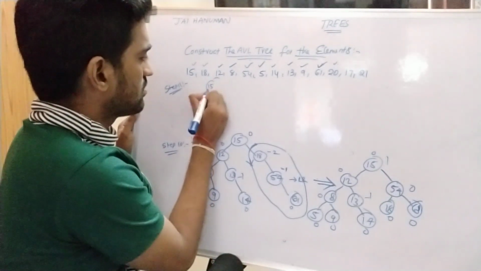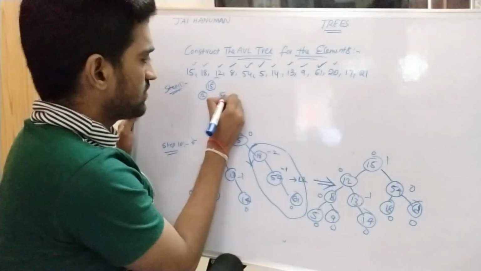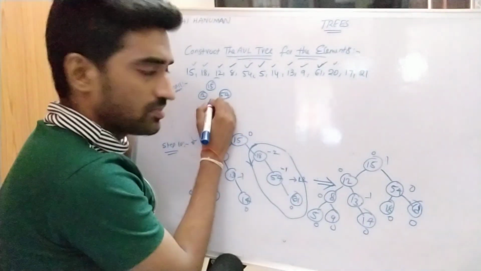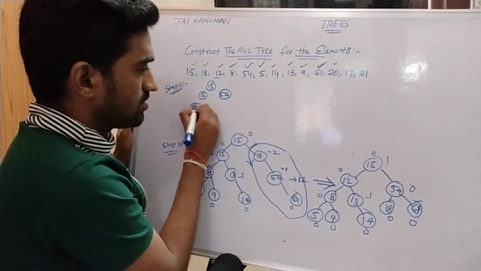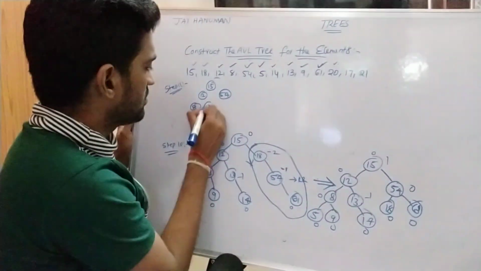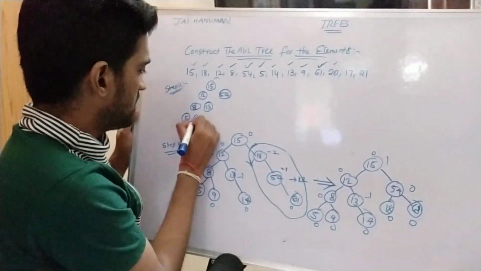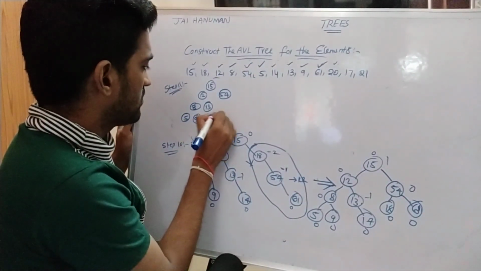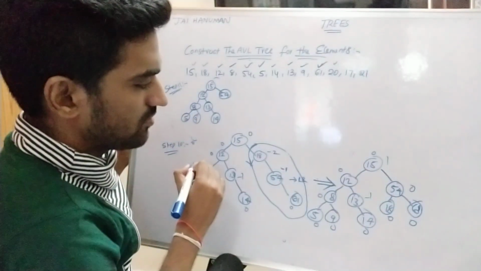Now tree becomes 15, 12, 54, 8, 13, 5, 9, 14. Fine.